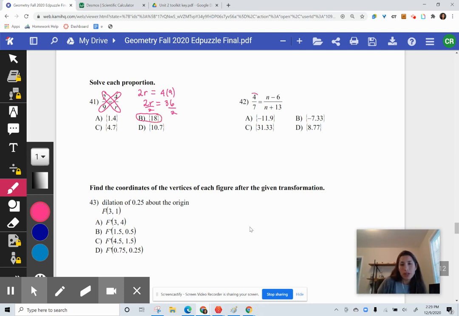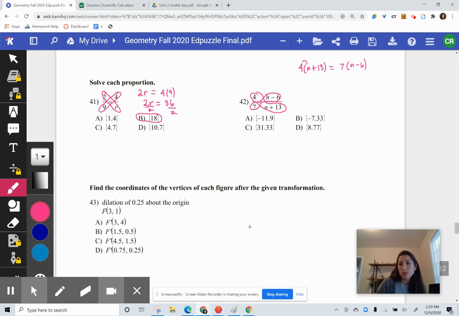And in our next question here, we have our cross product. I'm going to set that up. I'm going to write this a little bit up here. We've got 4 multiplied with n plus 13. We are going to set that equal to our other cross product. That's going to be 7 multiplied with n minus 6.